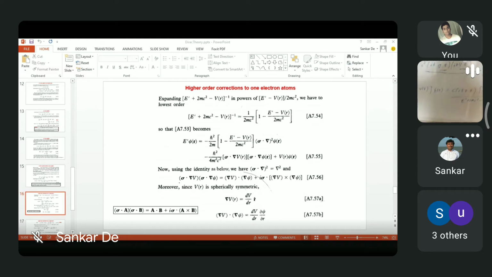I don't think that it is correct. The reason is the following. There should be multiplication with 1, and there should be E prime, otherwise 1 minus E prime by 2mc square, E prime delta, delta dot Vr delta dot.